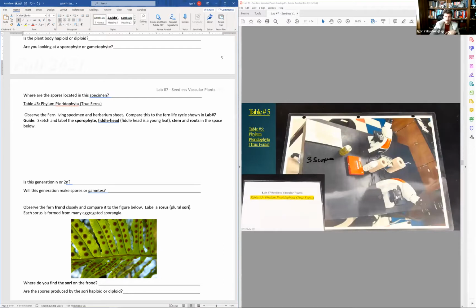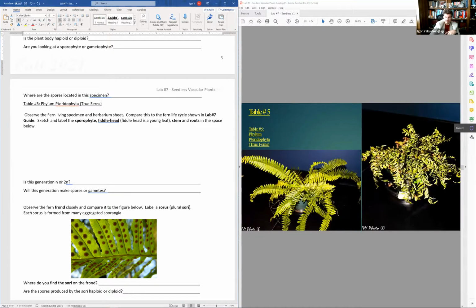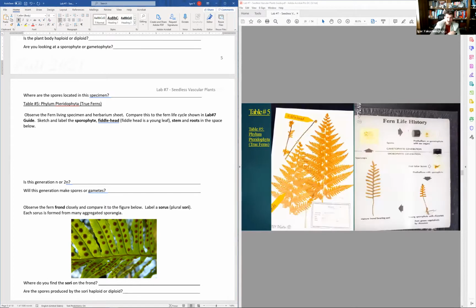So now we're looking at the ferns, different species of the ferns, of course, the green ones. You need to sketch. I'll take a picture. You cannot see the fiddlehead right here, but you can clearly see the fiddlehead in other pictures, and it literally looks like the head of a violin, a fiddle, pretty much the same thing, right? And the whole thing is the frond.